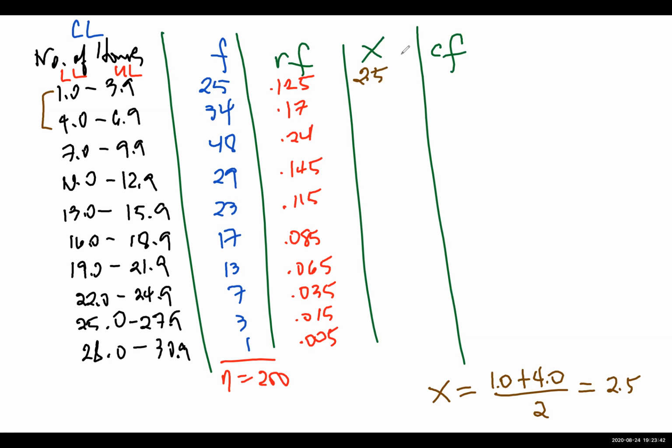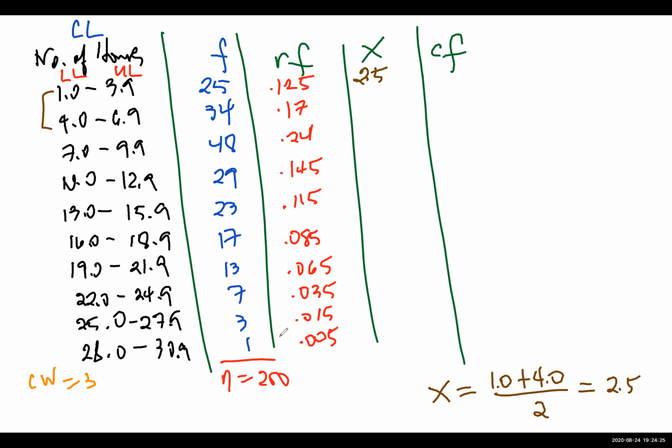And then next, remember, I don't want you to compute each time for the class midpoint. So what do we need to use? We need to add the class width. Now what is the class width, based on the table? 3. 4 minus 1 is 3, or any numbers between two consecutive lower limits or two consecutive upper limits is equal to 3. So you just have to add 3 here.